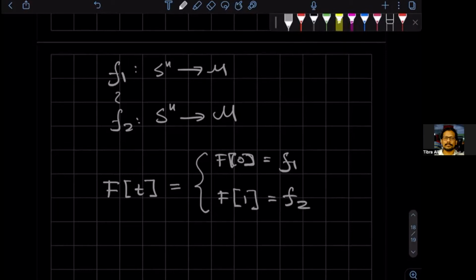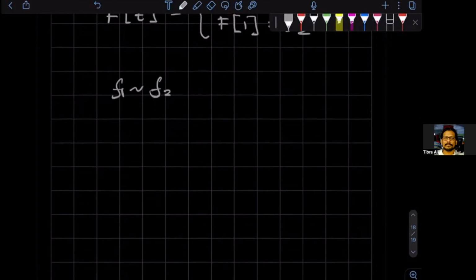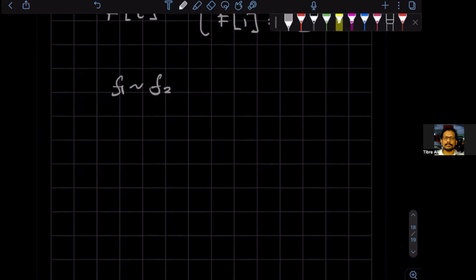Then small f1 is considered equivalent to f2. I'm not so much concerned about the rigorous definition, but let me give you an example.